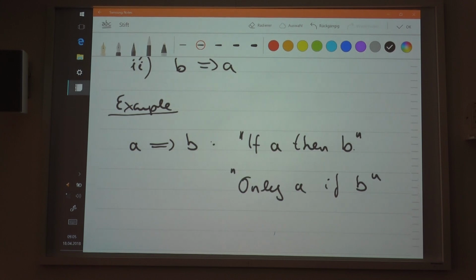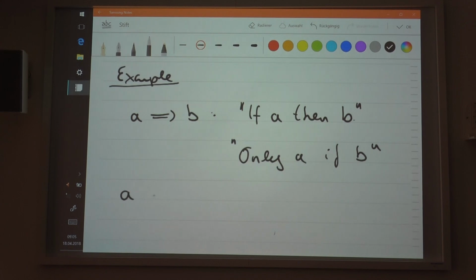So if B is not true, then statement A cannot be true either. That's how you recognize it if somebody says B is necessary for A, which is the same thing as saying A is sufficient for B.